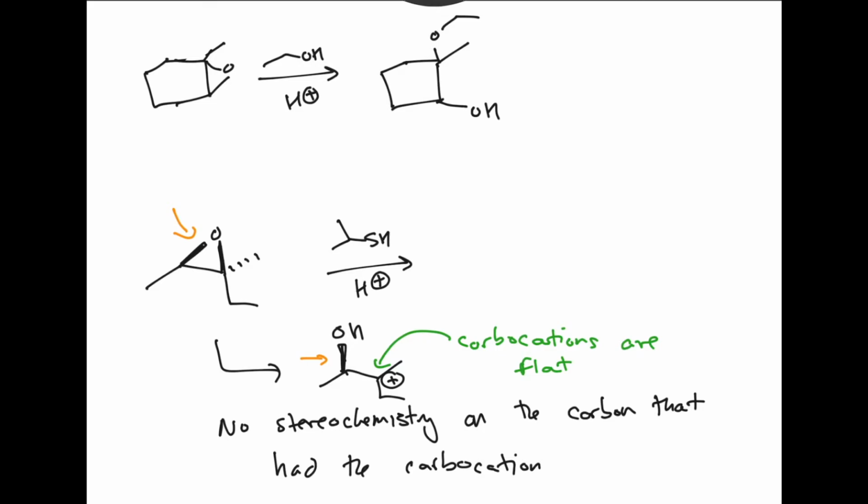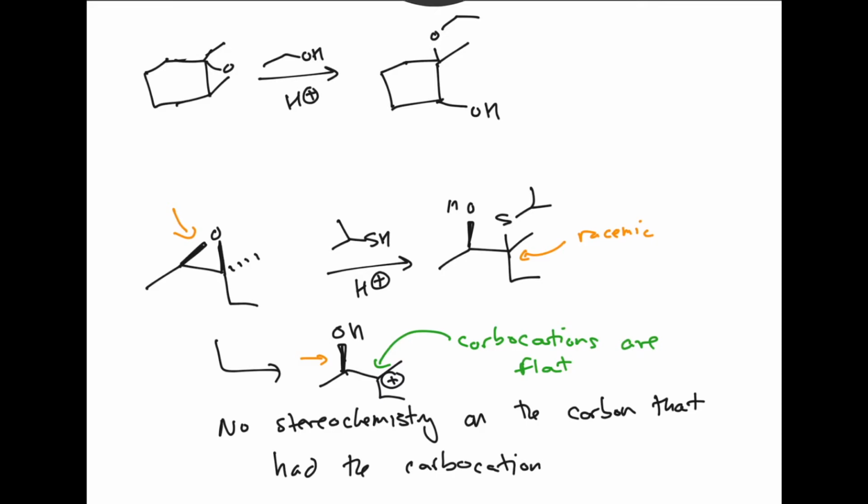So you have an equal chance of adding to the top face or the bottom face. So effectively, you end up with no stereochemistry there. You get a racemic carbon. So here, this is racemic. You have a one-to-one mixture of the R enantiomer and the S enantiomer.